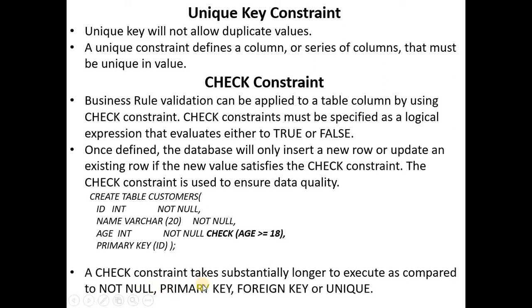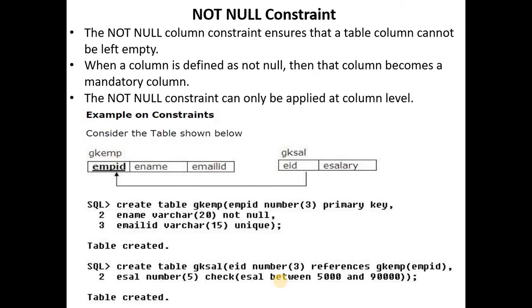The check constraint takes substantially longer to execute as compared to not null, primary key, foreign key or unique key, because it has to execute the expression and then evaluate it true or false. If it's true, then only it will insert the values, otherwise it won't insert the row into the table.